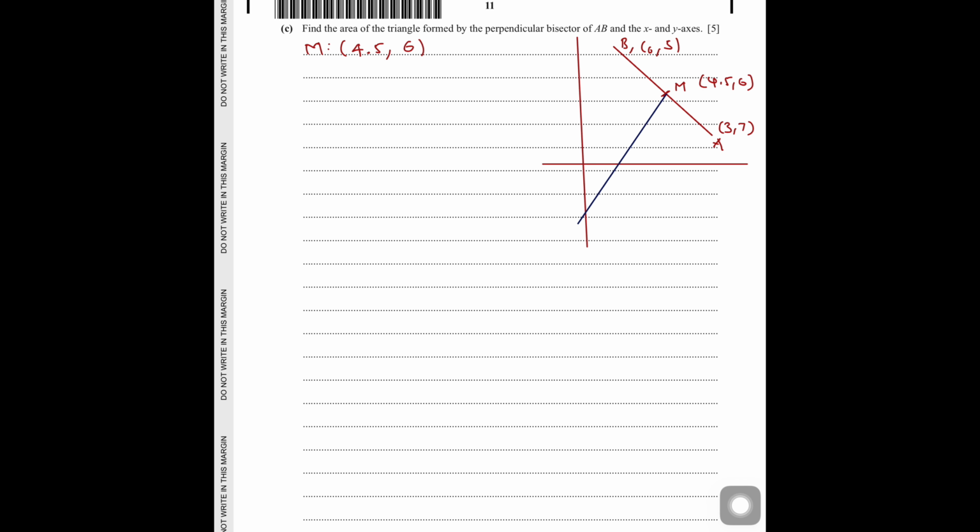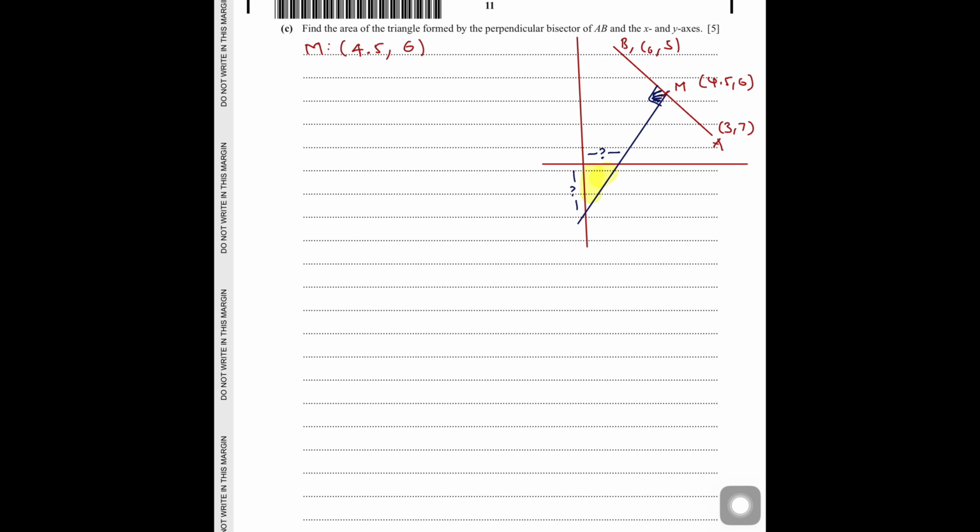So the perpendicular bisector I have drawn. Perpendicular means 90 degrees. And then I'm looking for this part, the area of this part, right?